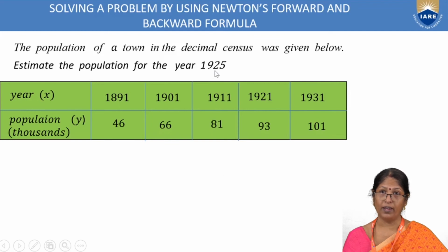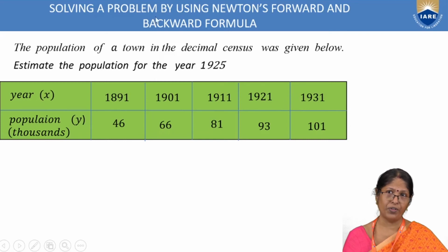They are asking for the population in the year 1925. See, 1925 lies between 1921 and 1931, at the end of our data.